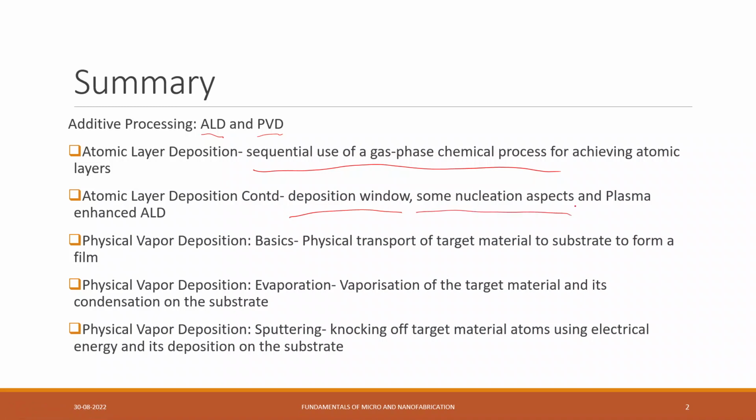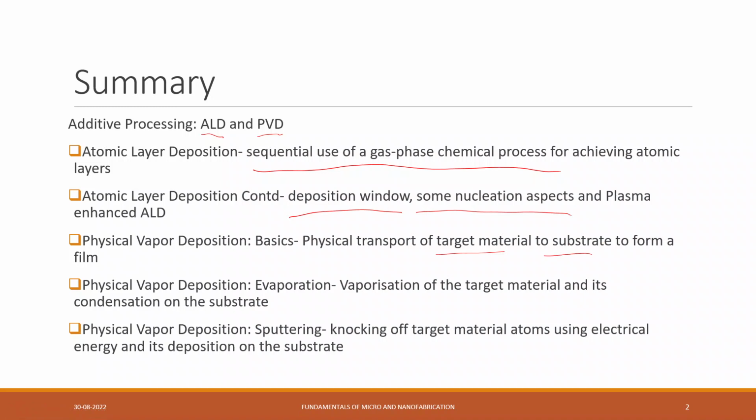Then the nucleation aspects, like how the growth happens, how these films are growing, and also an advanced process, plasma enhanced ALD. Then we come to the next method, physical vapor deposition. The first video was on the main crux of how the method works. It is mainly the process of physical transport of target material to the substrate, forming a film through it.